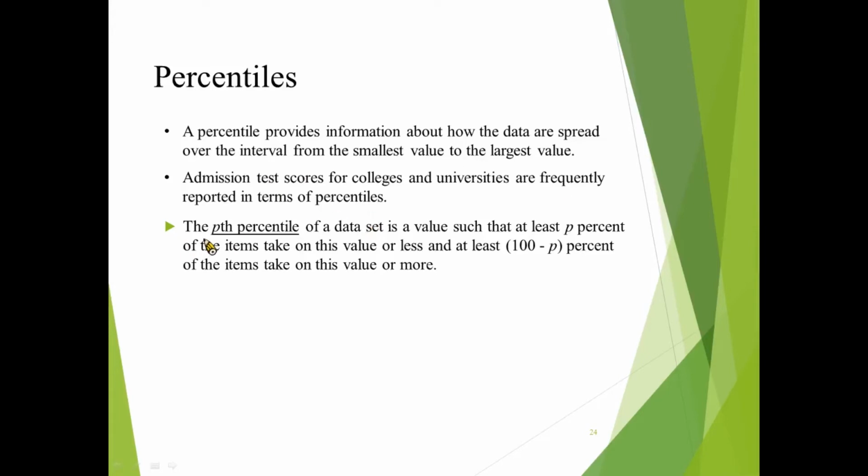Okay, so the pth percentile of a data set is a value such that at least p% of the items take on this value or less, and at least 100 minus p% of the items take on this value or more. Okay.